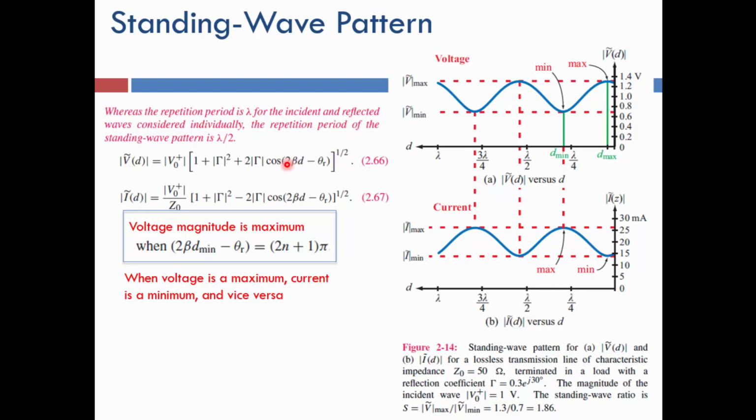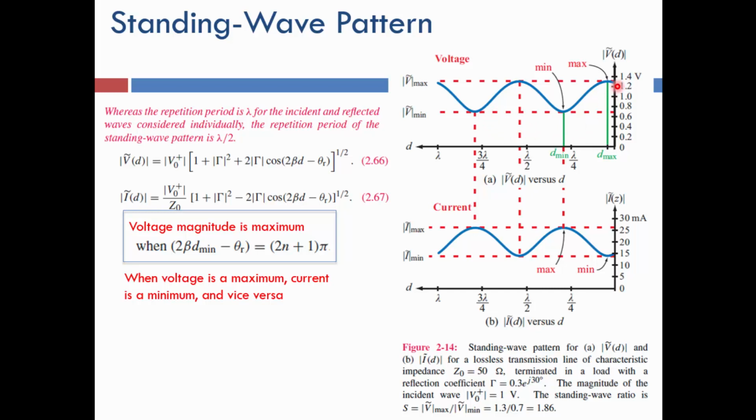We have 4 pi at each lambda. So one cycle could happen within half lambda. So the stationary wave repeats itself each half lambda, whereas the traveling voltage and the reflected voltage or currents repeat themselves each 1 lambda.